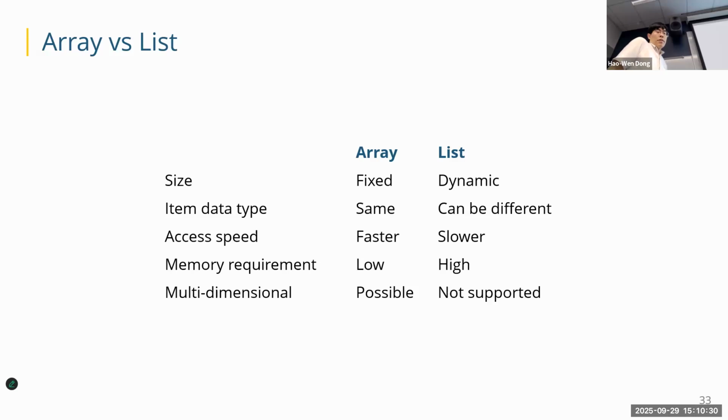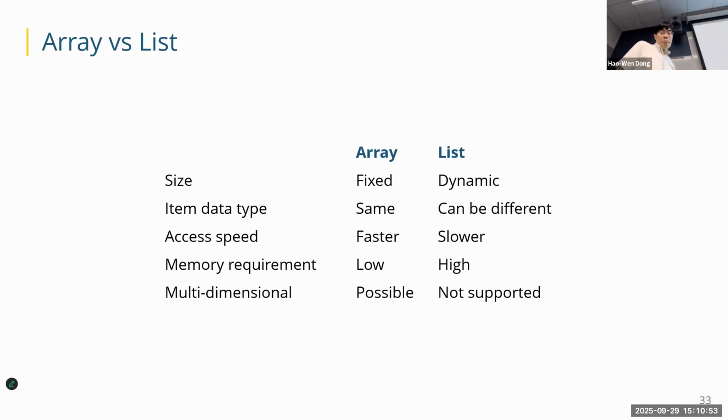We talked a little bit about the difference between array and list. For our class, usually either is good enough. But the biggest difference is the size: an array will be fixed and a list will be dynamic. And in speed, an array will be slightly faster and a list slightly slower.